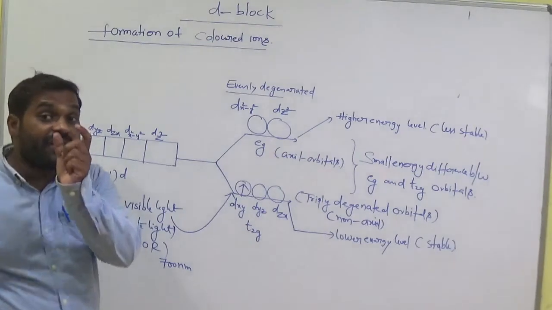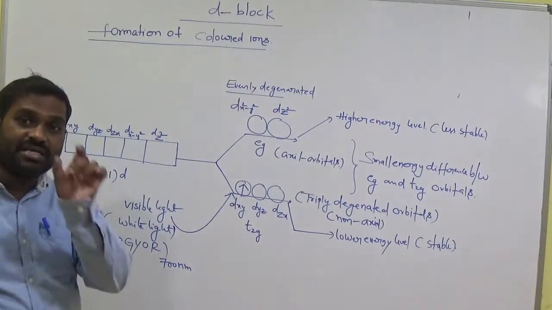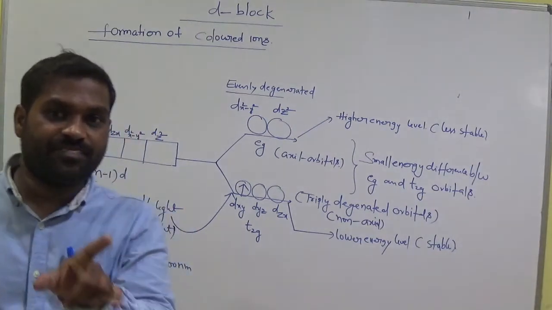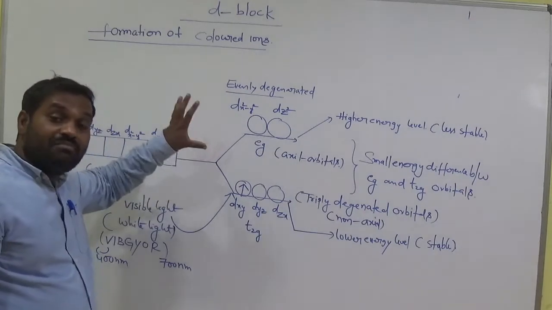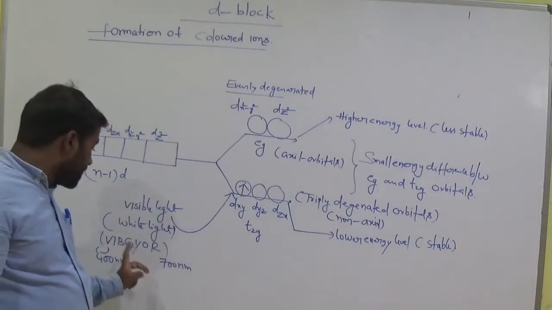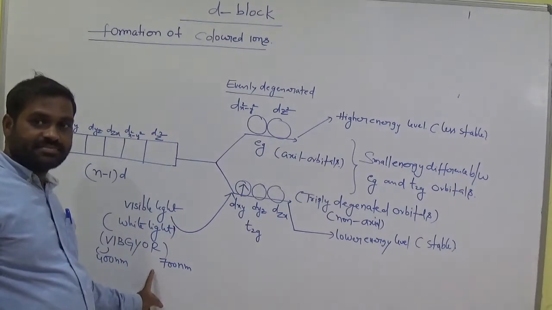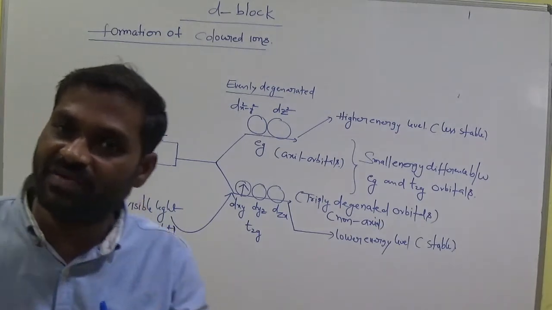A particular wavelength of light is absorbed by this electron. These 7 colors have different wavelengths, so depending on the transition metal, that metal absorbs a particular wavelength of light from this white light. Clear? It has 7 colors, each color having a different wavelength.